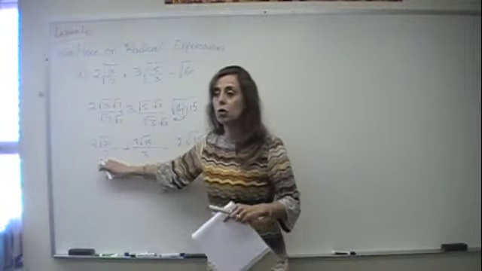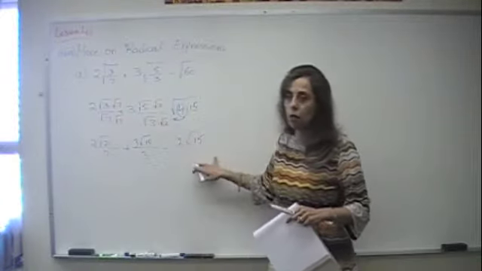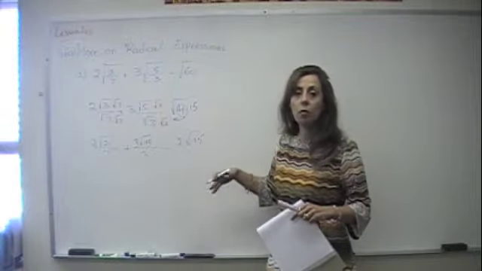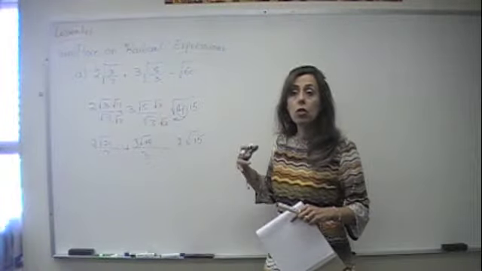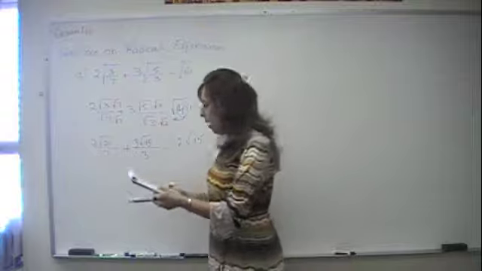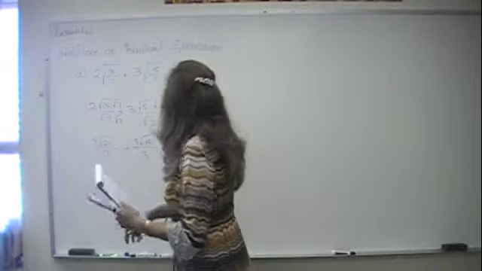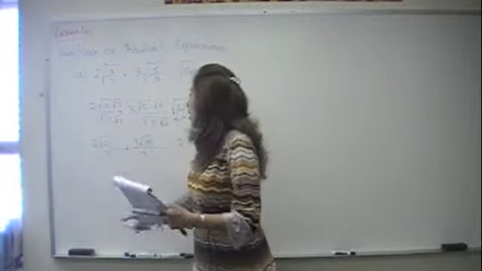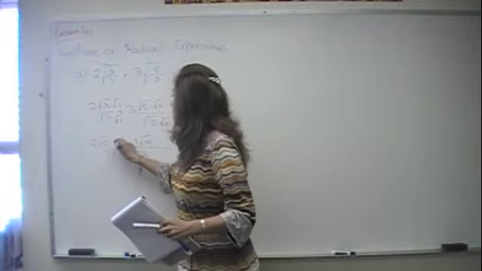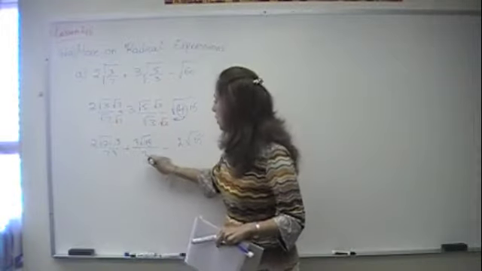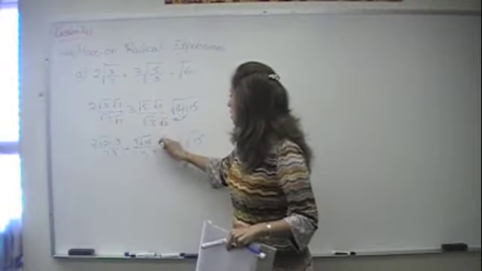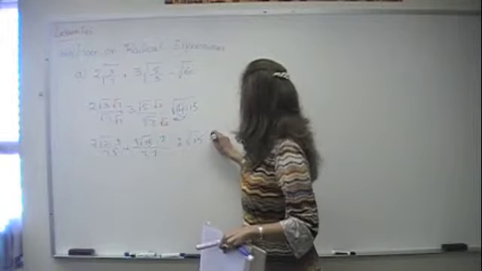Now I have just three fractions. The common denominator is 21. So if I multiply the first fraction by 3, I will have 21 as my denominator. Here by 7 and here by 21.